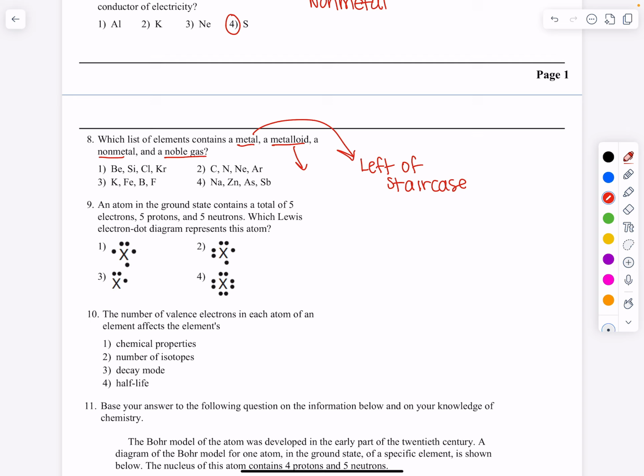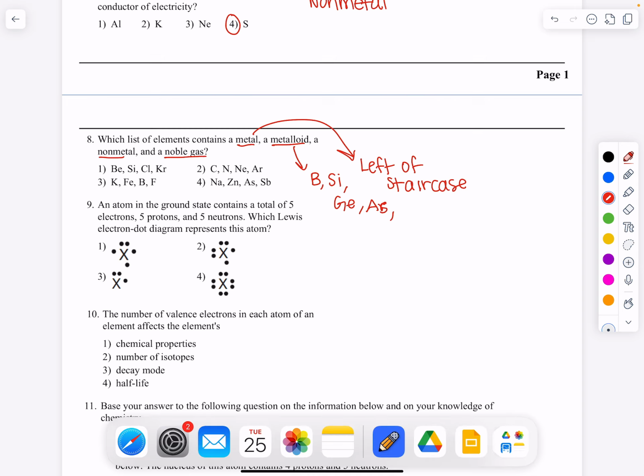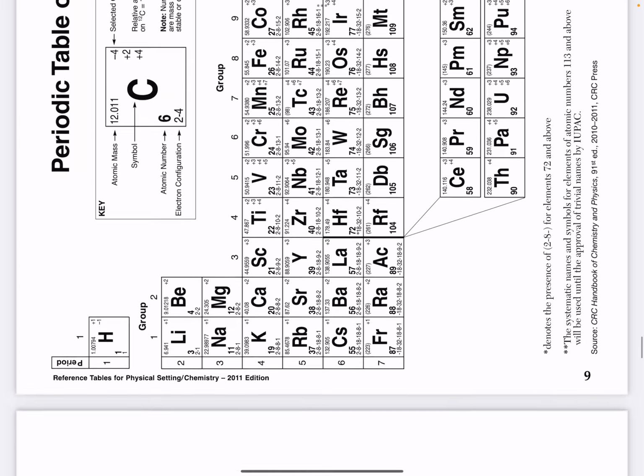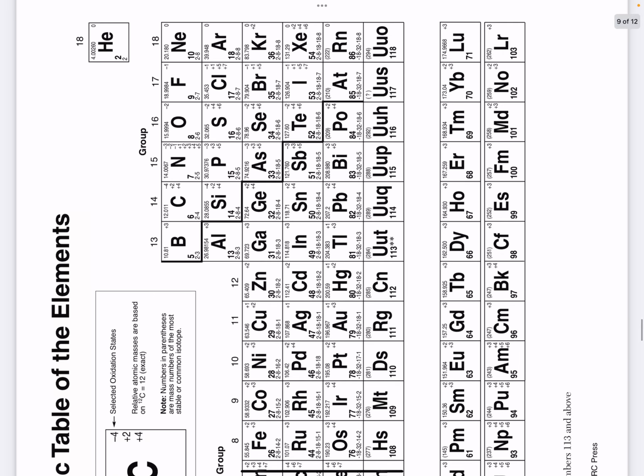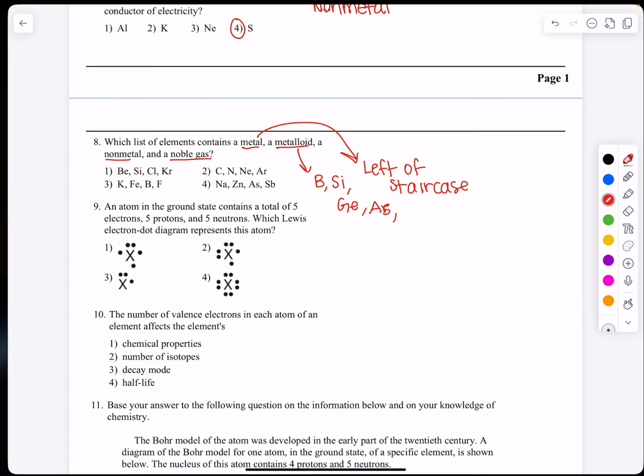Metalloids are those 6 that we just named: boron, silicon, germanium, arsenic, As, and I'm forgetting other ones. I just need to look at the reference table. Boron, silicon, germanium, arsenic, tellurium, and antimony, Sb.